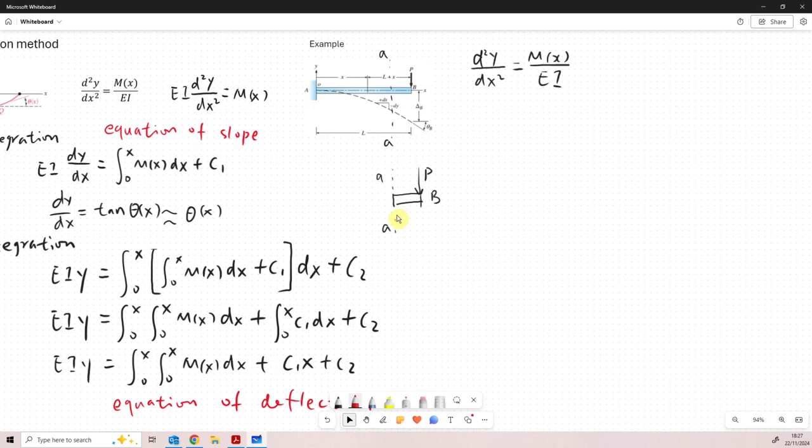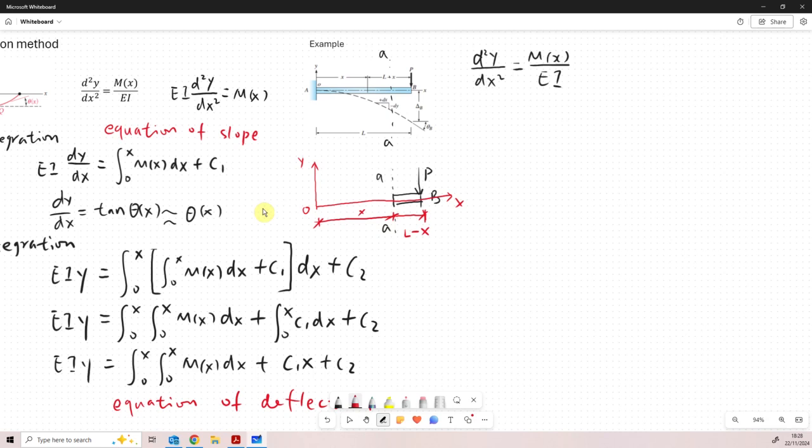If we do the analysis on this small segment, with the coordinate system X and Y at O, and the cut is at location X, then from this cut to B the dimension will be L minus X. So this is this segment.